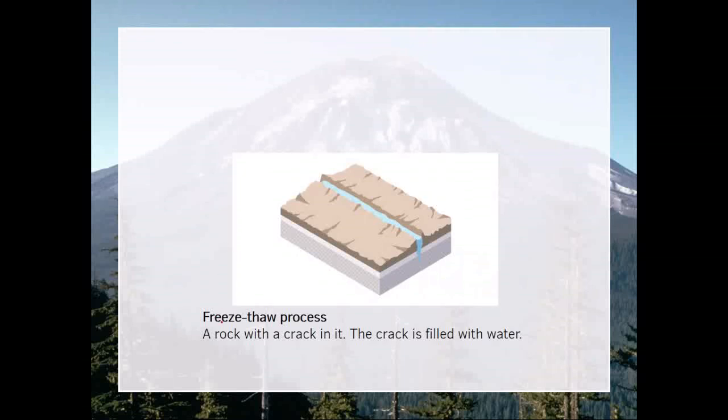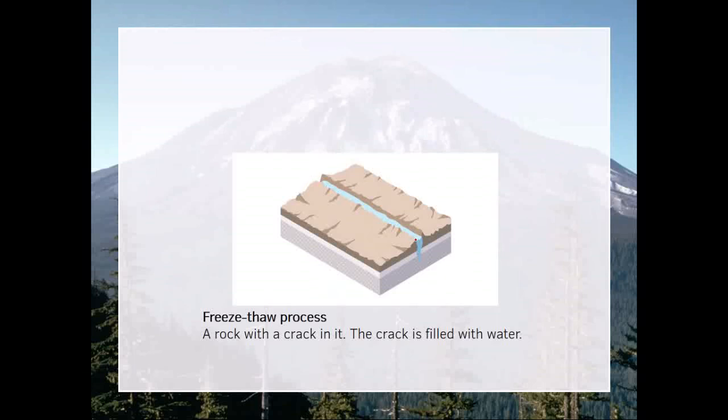Physical weathering, it's easy to make it through this diagram. You will find that the freeze and thaw process started by a rock containing a crack. This crack will be filled with water by rain, by river, by any means. We don't care.